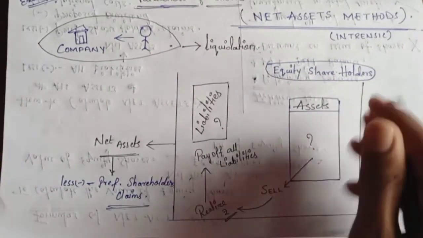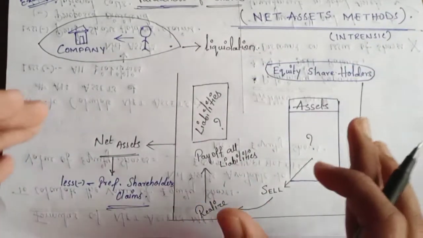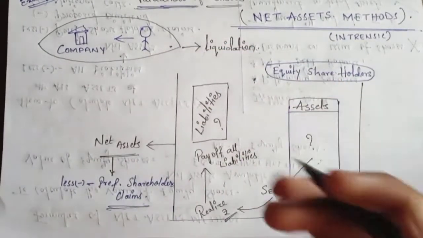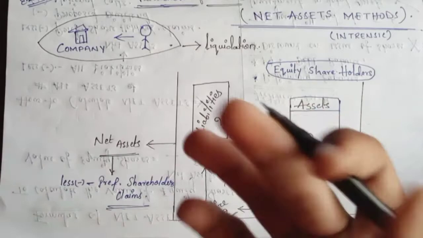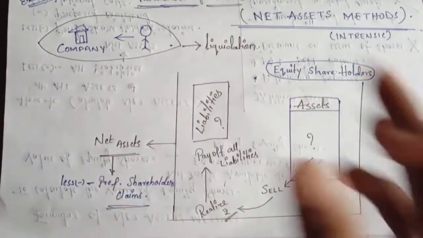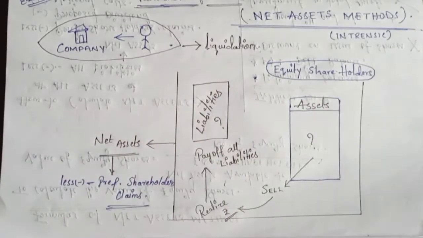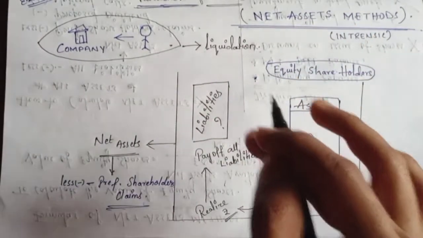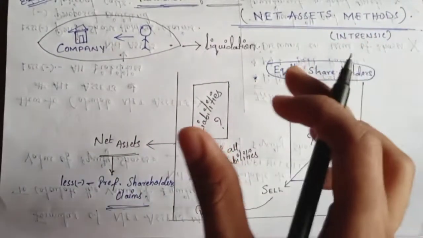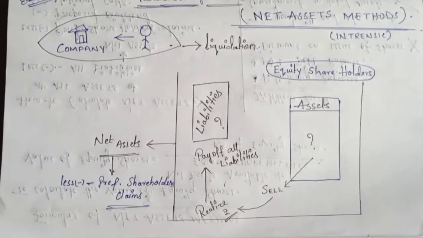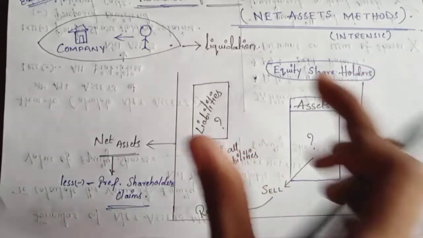So you have to take all the assets except the fictitious assets. Fictitious assets are like preliminary expenses, the debit balance in the profit and loss account, discount on issue of shares. These are all losses, and these are accumulated expenses which are capitalized in the balance sheet.